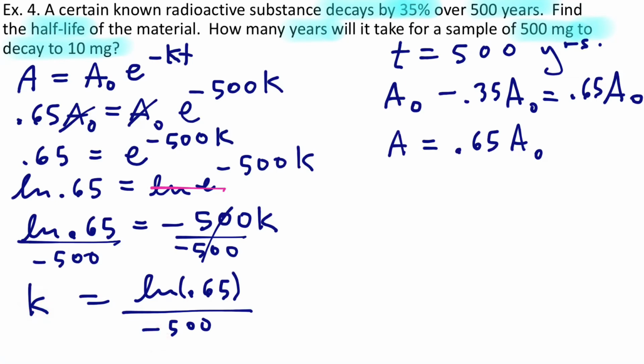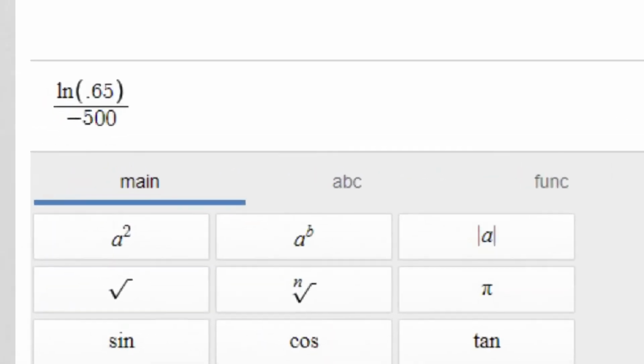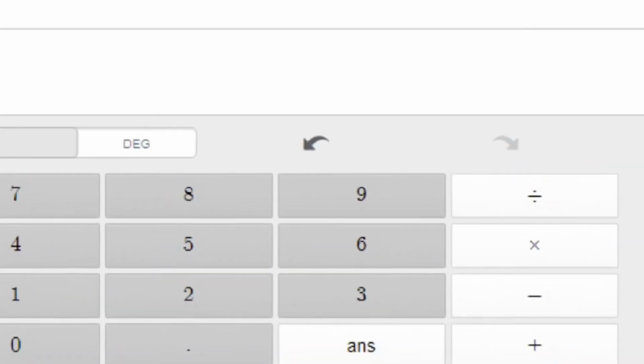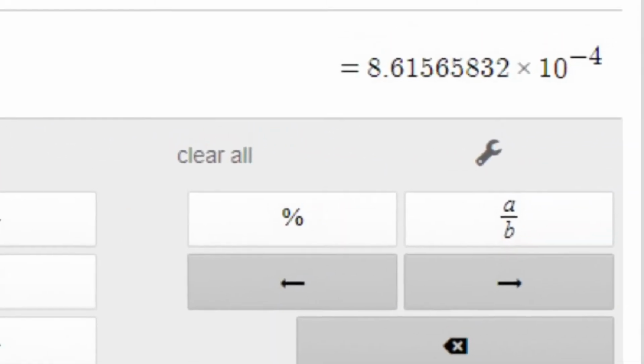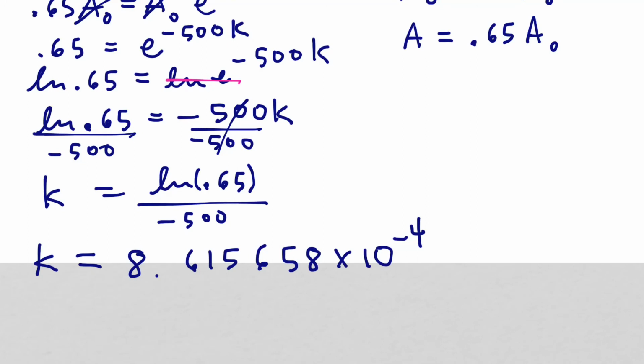Now, looking at how it would look if you input it into Desmos Scientific. There's your negative in the bottom, and you end up with a rate that's given to you in scientific notation. What you want to do is move your decimal place 4 places to the left.